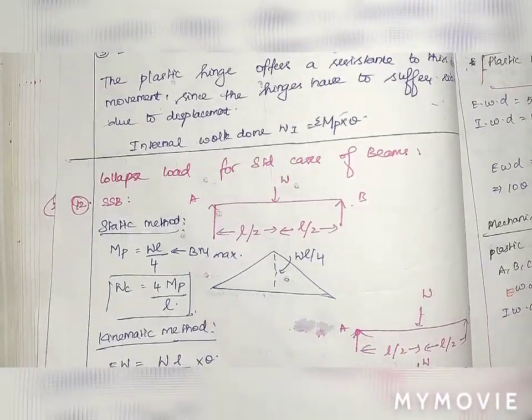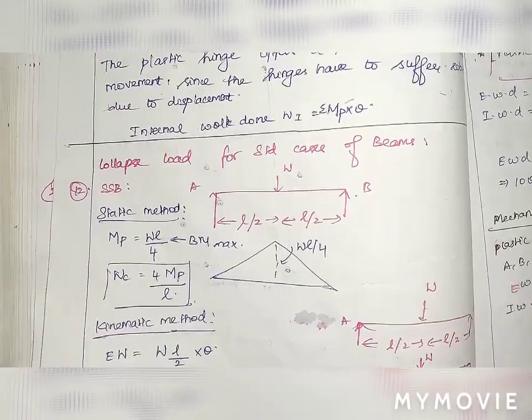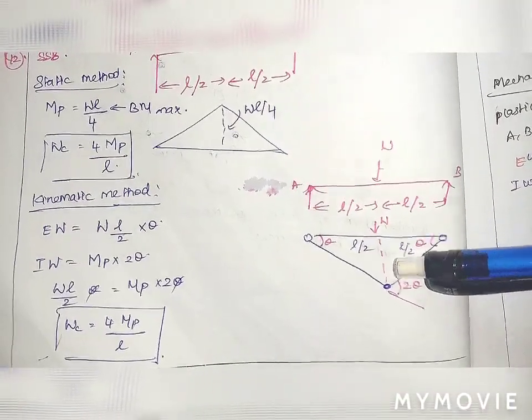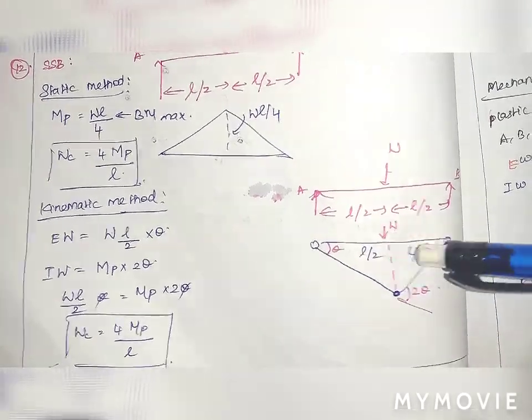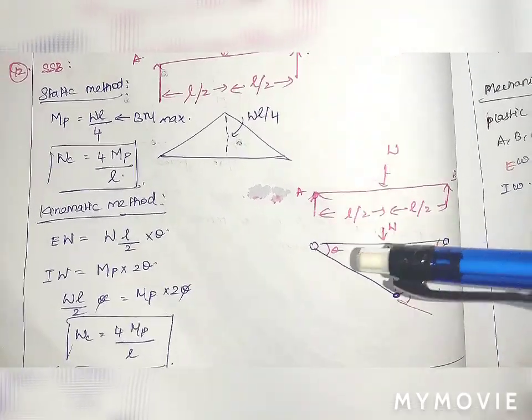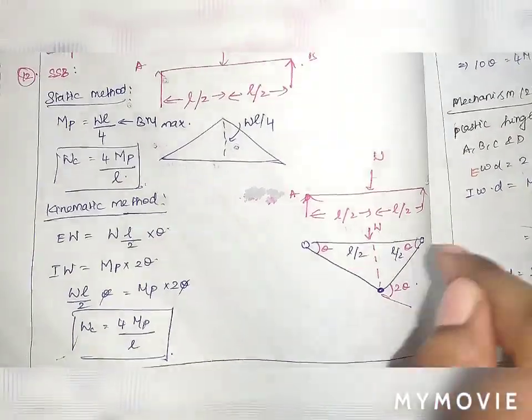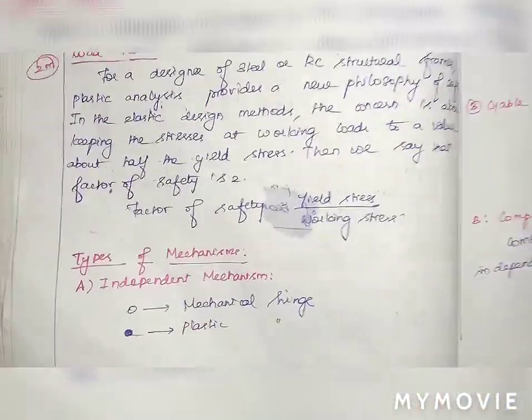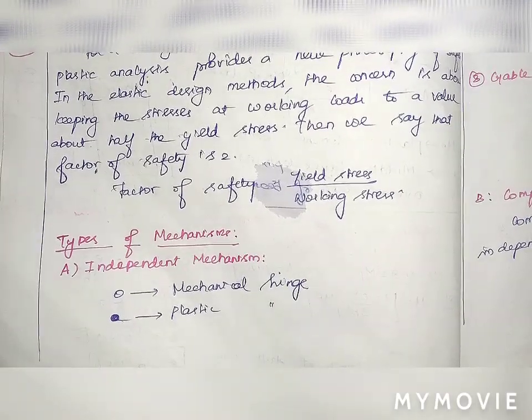These are the two requirements. To find this we have to draw the plastic mechanism diagram. By drawing this only we can calculate the plastic moment or the collapse load. Hence we have to know about the mechanism diagrams.